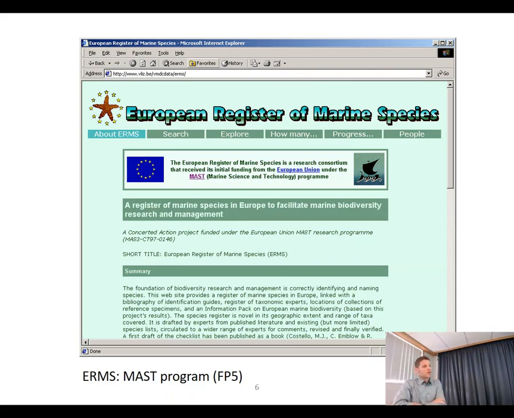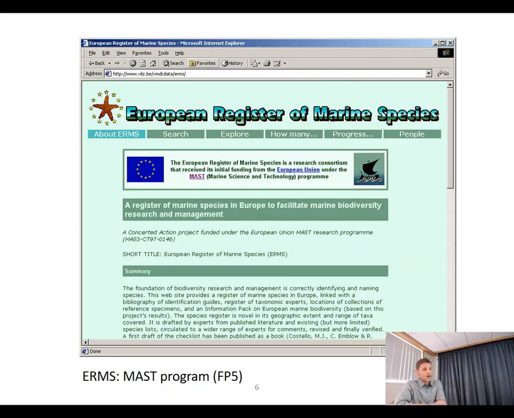2005, there was a new initiative which made the database at VLIZ a bit more serious, let's say, which was ERMS, the European Register of Marine Species. It was a project funded by the European Commission under the MAST program from 1998 to 2000.